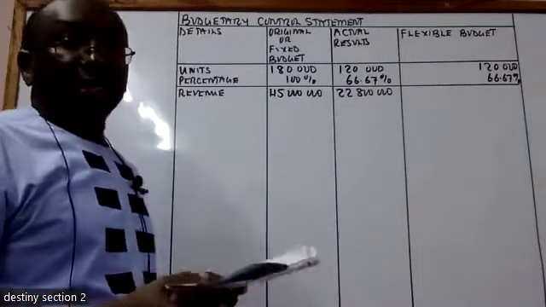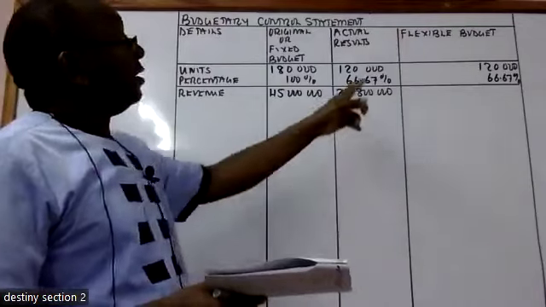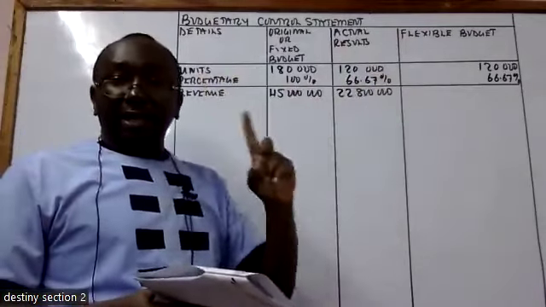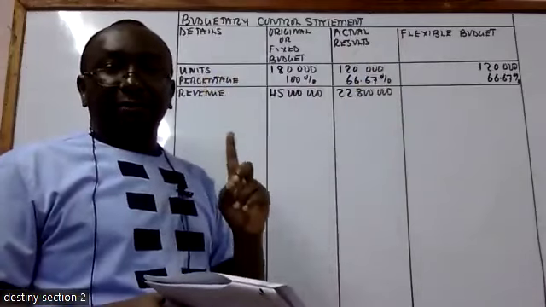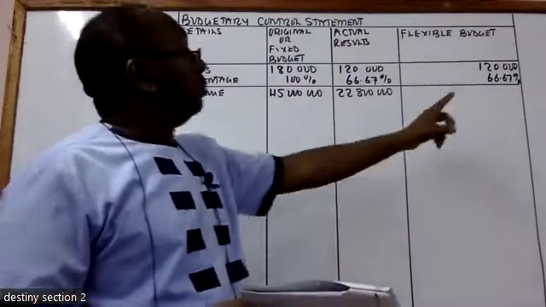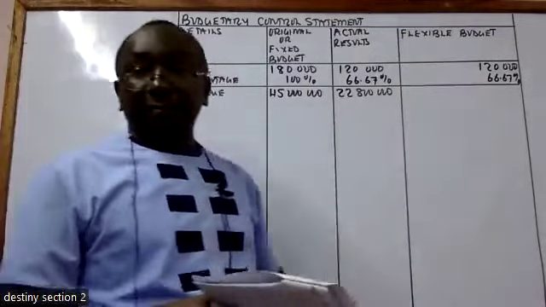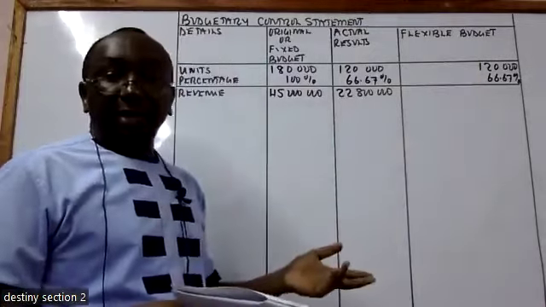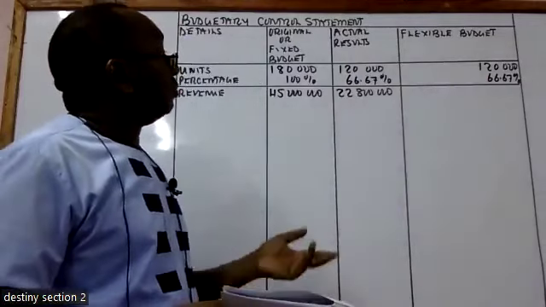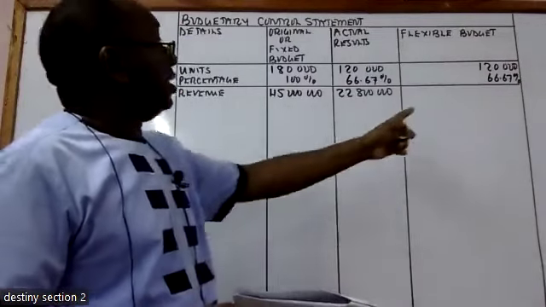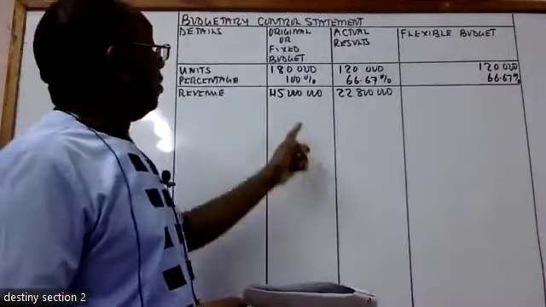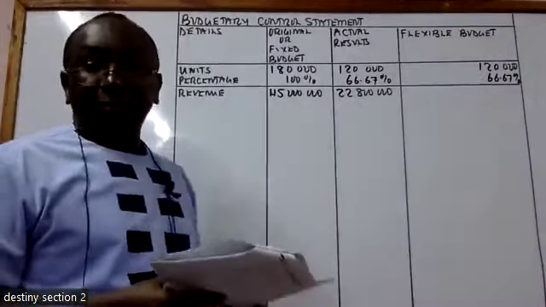So for you to get the flexible, anything in the original budget that is variable, you multiply by this percent. So for the interest of my space and now that you're in class, I'll not put those writings. So give me 66.67% of 45 million.